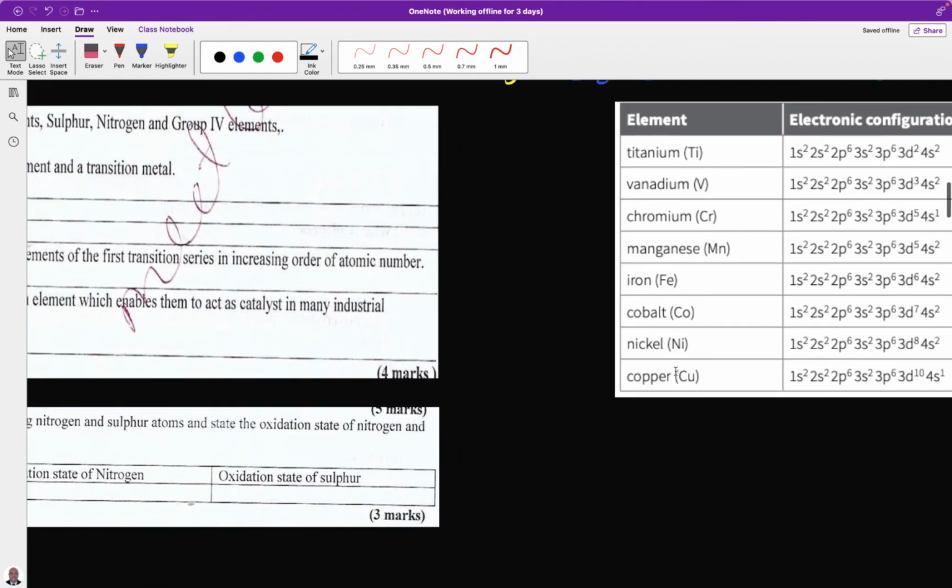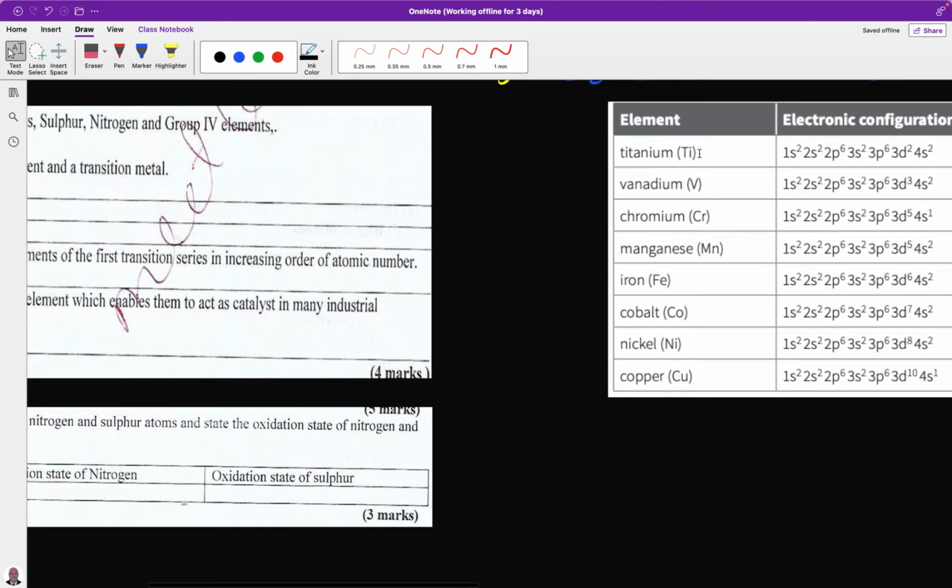Okay, you will have titanium, which I think is 22.